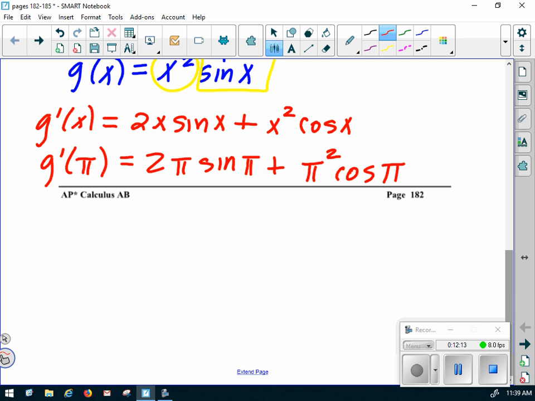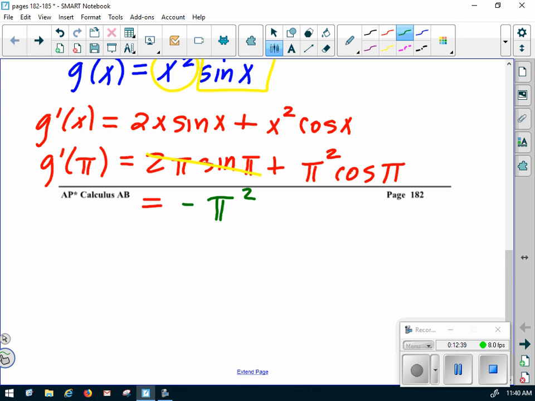Clean it up. What's the sine of pi? Zero. What's the cosine of pi? Negative pi squared.